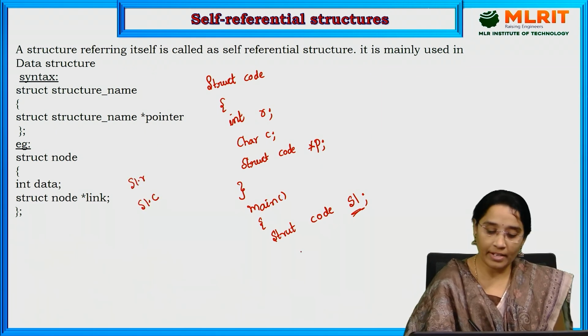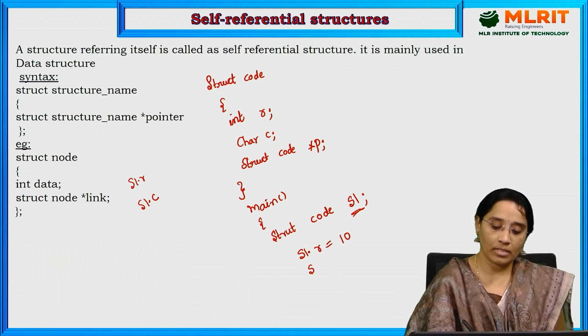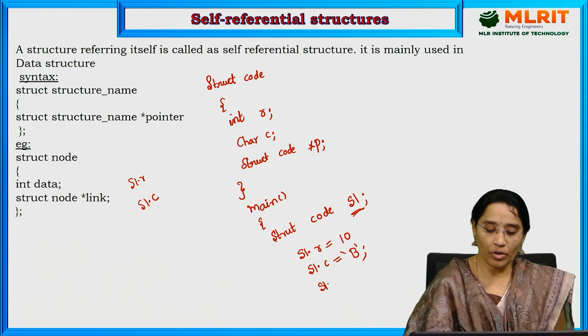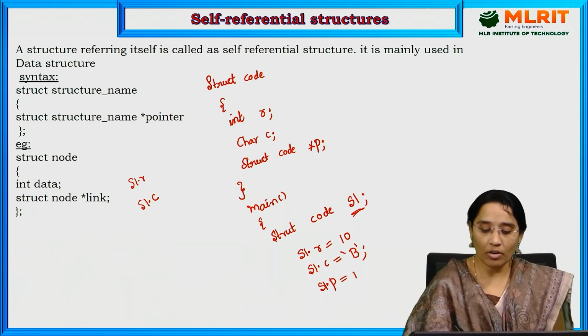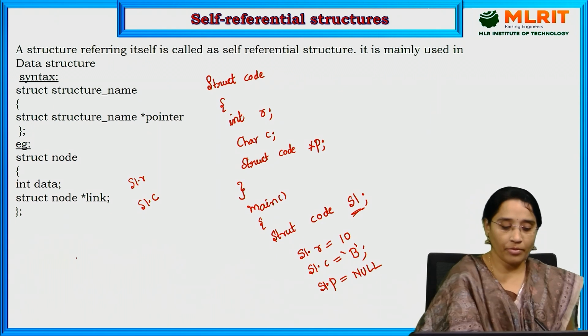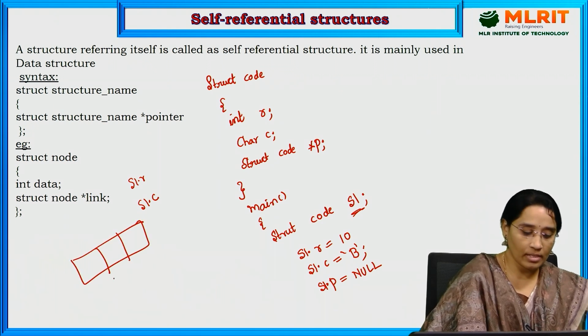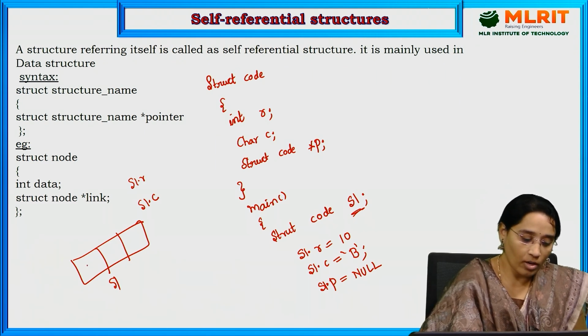Suppose I initialize like this, s1.r, an integer number 10. Next s1.c, it's a character. So obviously it will take a character value. Okay. Next s1.p, it is pointing to itself, so it will obviously be null. Suppose I represent it like this: s1 structure 1 contains s1.r is 10 and a character, and this is null.